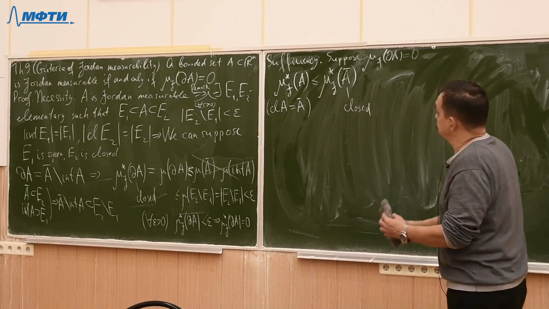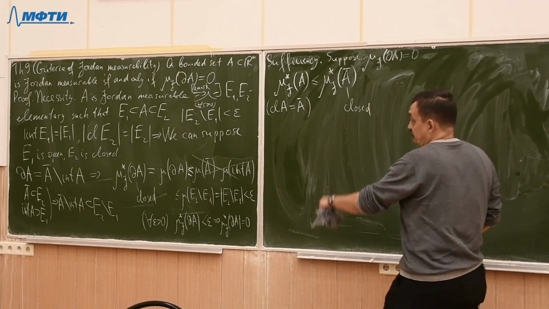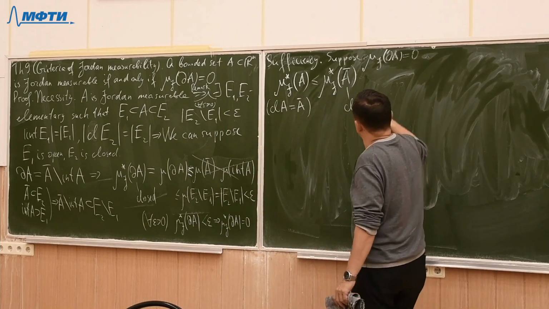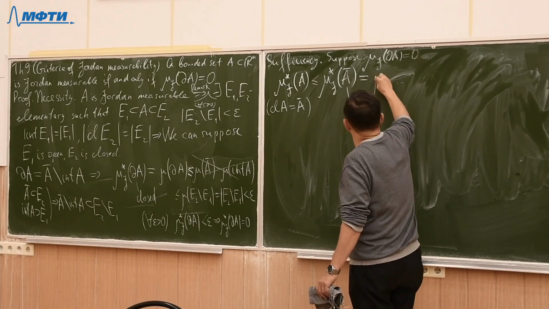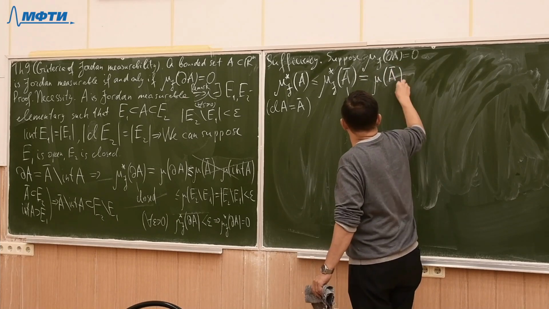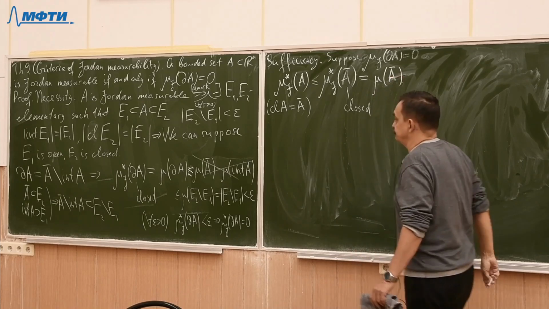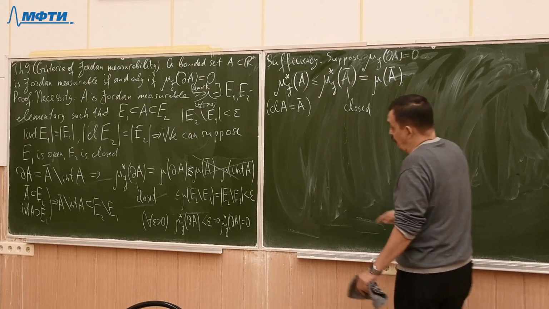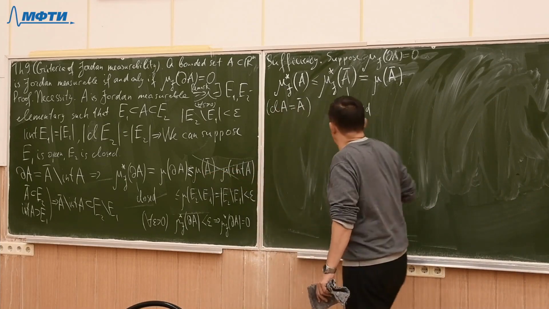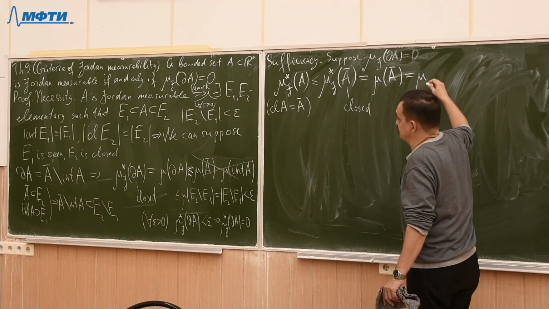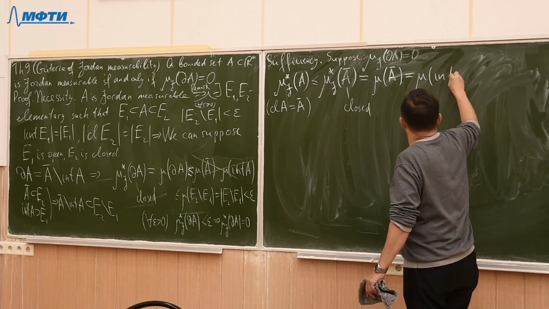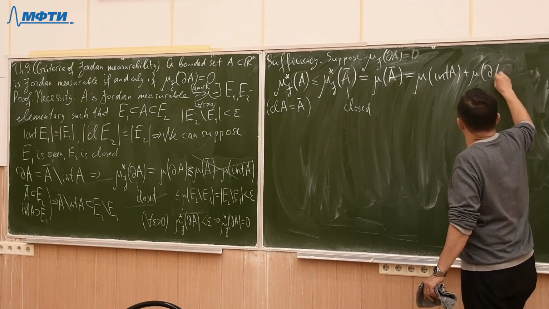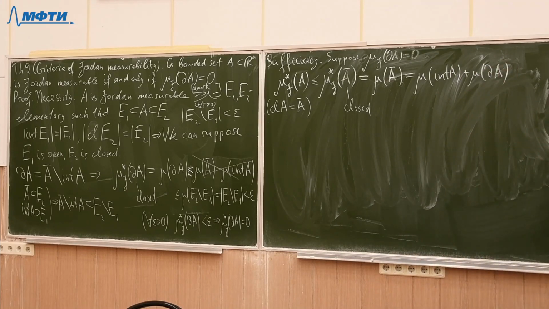Hence, by what I mentioned in the proof of the necessity part, it coincides with the Lebesgue measure of the closure. And now I have to use this equality, that is equal to the measure of the interior plus the measure of the boundary.